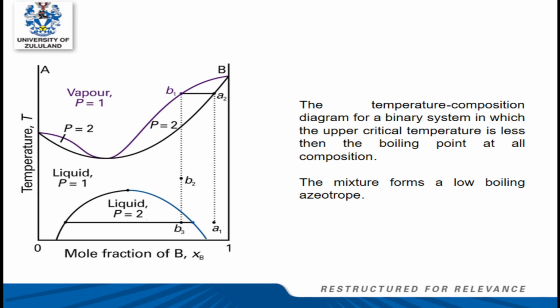In case we are having the low boiling azeotropes, our temperature composition diagram will look something like this. I think you can go through your textbook, ladies and gentlemen, and read about all these varying points.